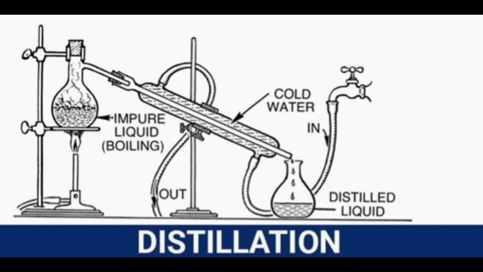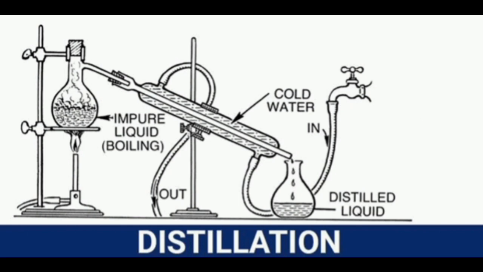What I mean is, the difference in boiling point between the kerosene and the water should not be very small. Let's say water is 100 and kerosene is 70, and the difference is 30. That is wide enough, so simple distillation can separate them out.